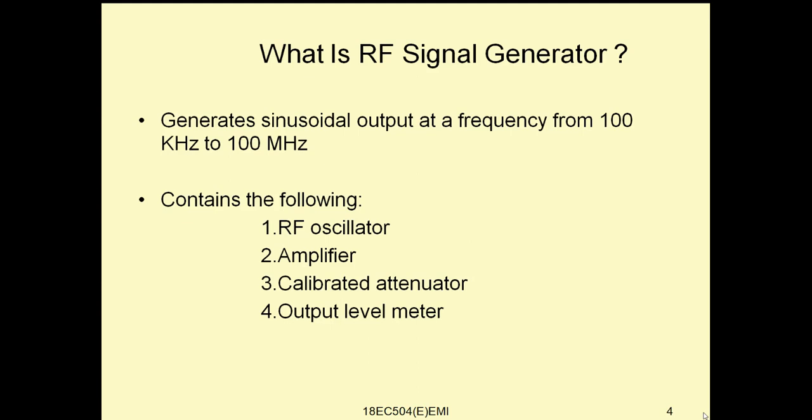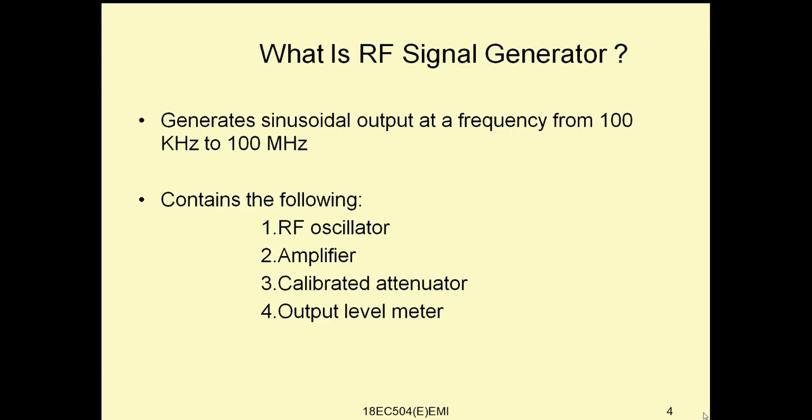The output level meter displays the value of the output amplitude, and in conjunction with the attenuator it attenuates the output levels. Finally, the output is available as the sine wave of different frequencies of the RF signal generator.